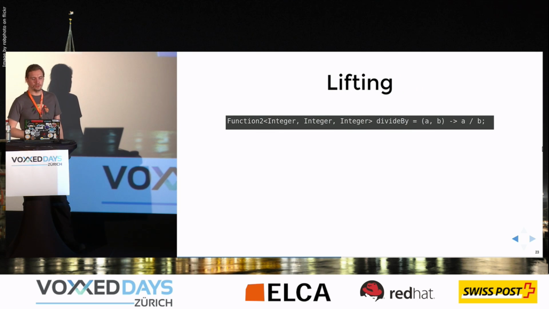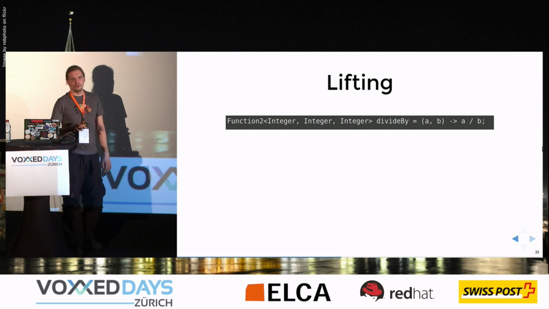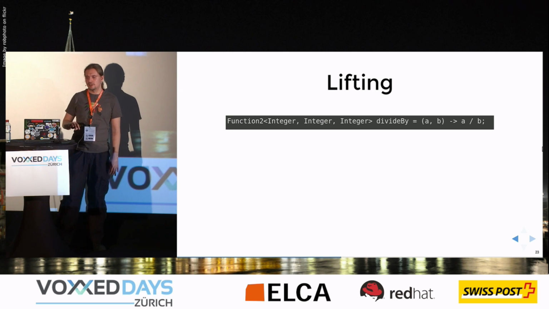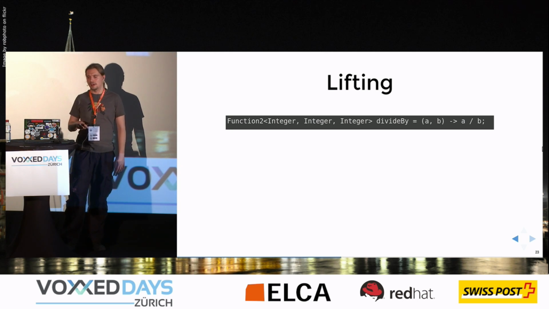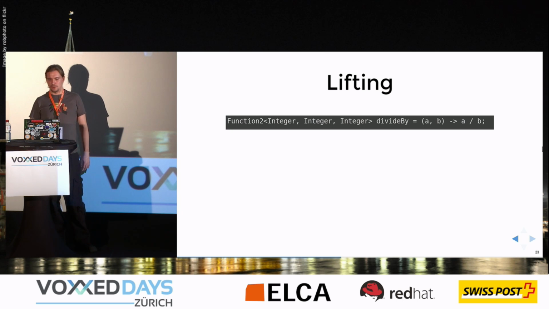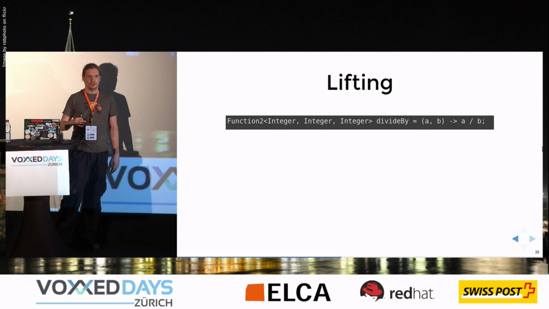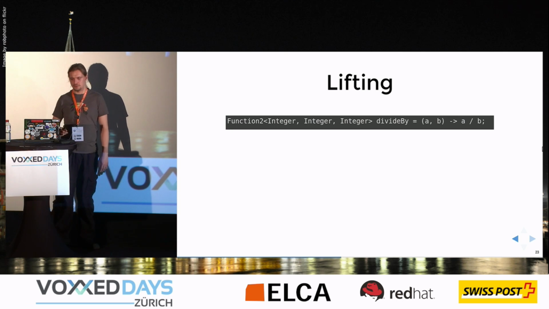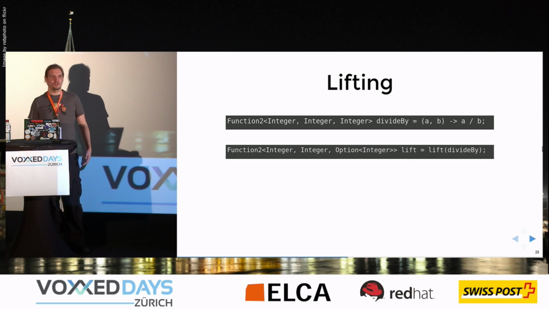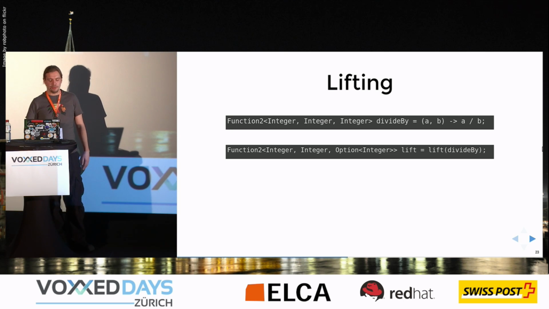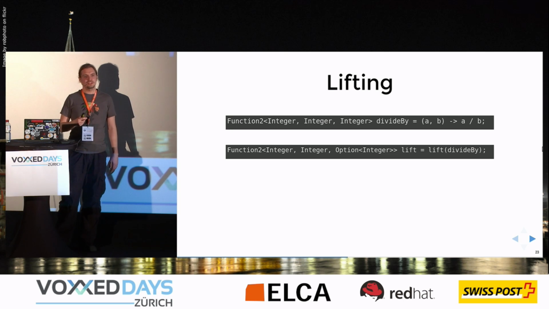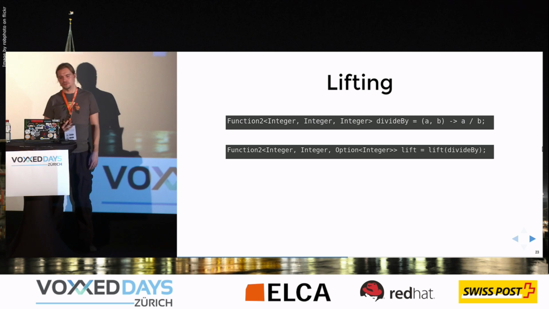Let's see some examples. So when we are talking about lifting, I created here a function that throws, in this case, an unchecked exception when b is 0. And let's say that we want to lift it, okay? So make sure that it never throws exceptions. It's super easy because we have a static helper method that allows us to achieve this. But what happened over there is you can see that the returned value changed, okay?